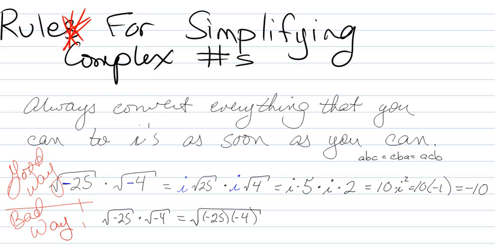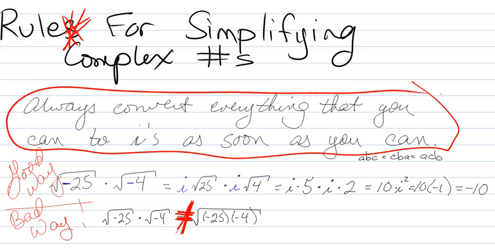Nope. Not equivalent at all. This is bad, bad, bad. Break your heart bad. The reason is that I didn't follow my one cardinal rule: convert everything I can to i's as soon as I can. I could have made these i's, but I didn't listen, and now look at the trouble I'm in.